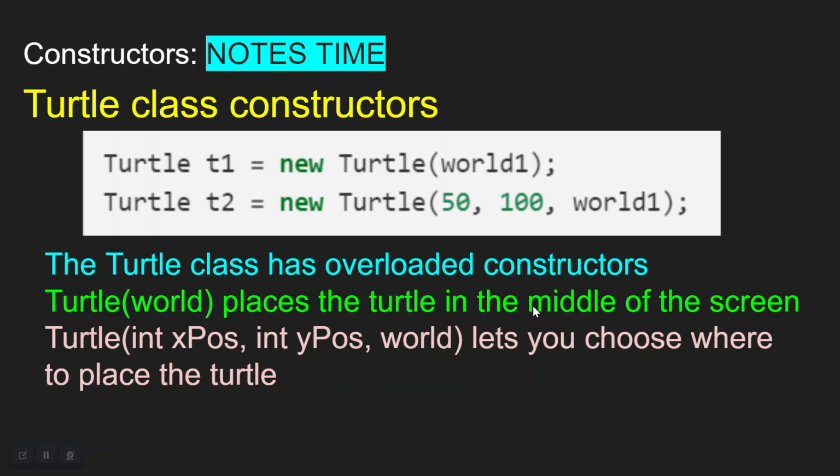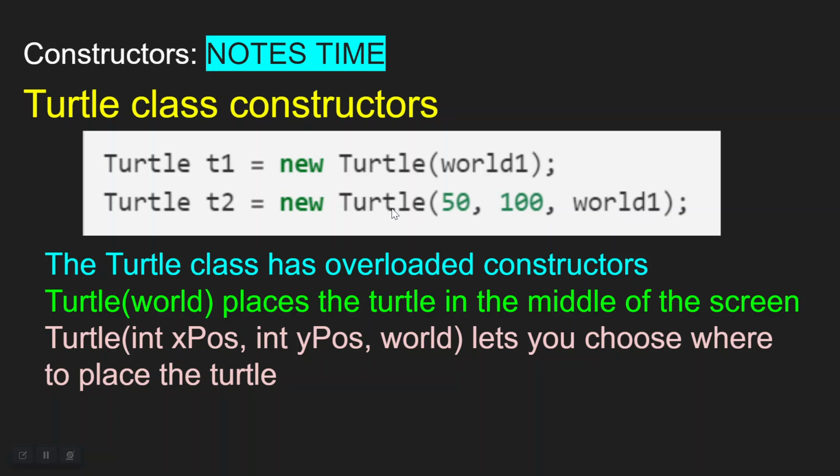So when you instantiate that turtle object, it basically automatically sets the X position and the Y position to be the middle of the screen. However, you can also change that. You might want to add another turtle object and maybe have that turtle start in a different area of the screen. So you have this option.